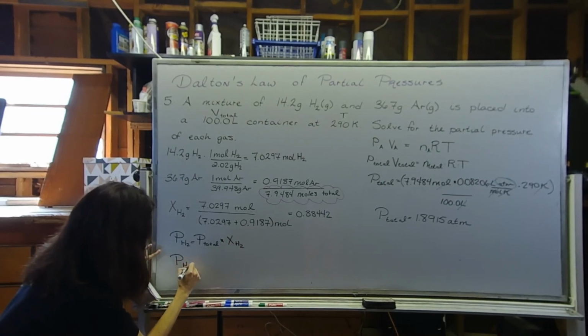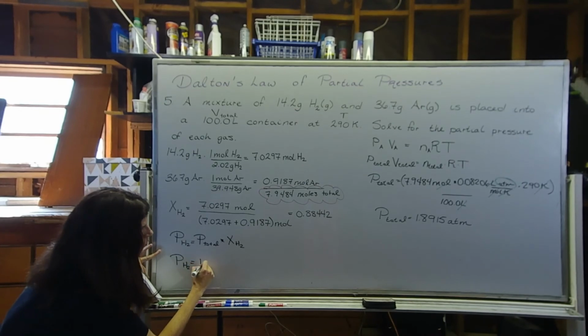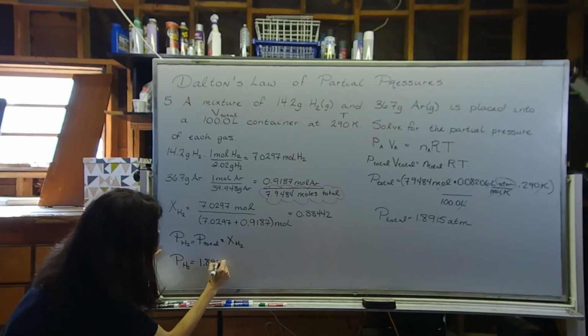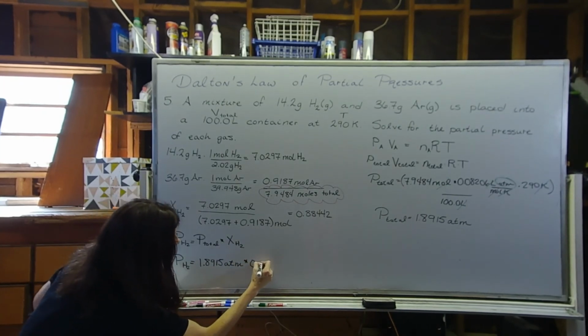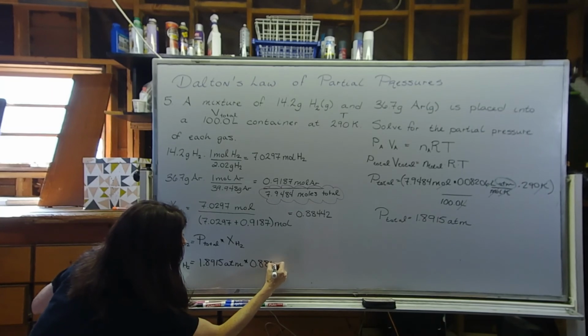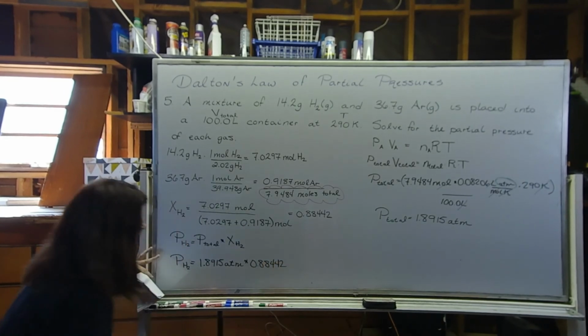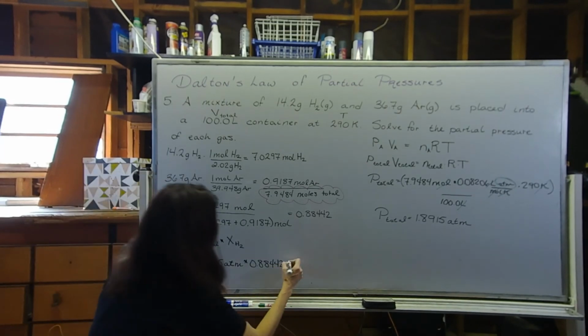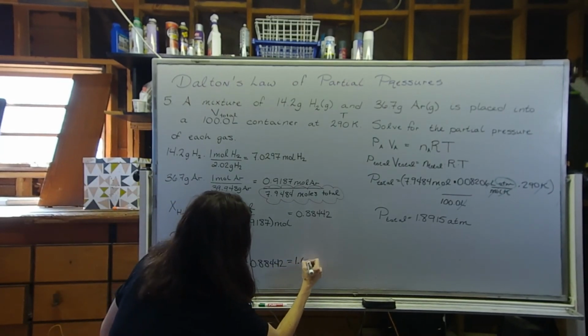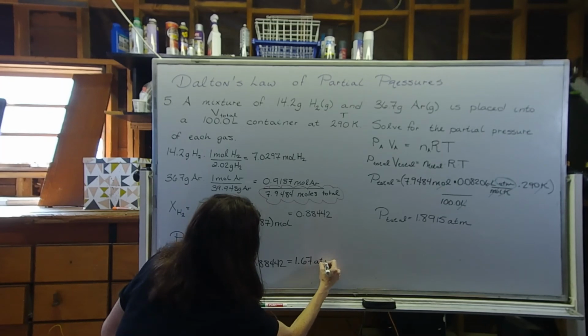So I'm going to do 1.8915 ATMs times the unitless mole fraction, which is really important, it's unitless. And that gives me 1.67 ATMs as my partial pressure for my hydrogen gas.